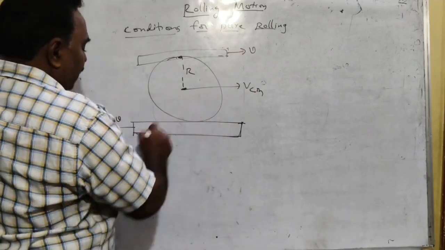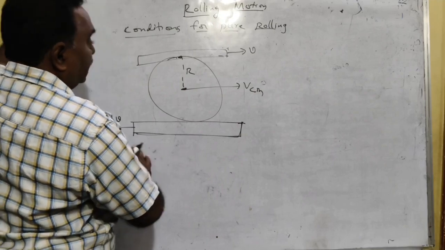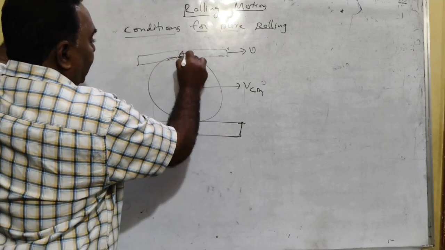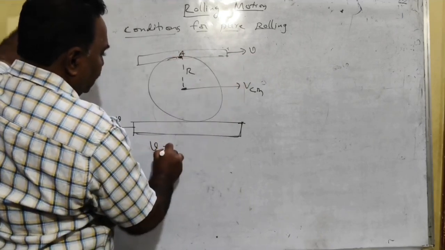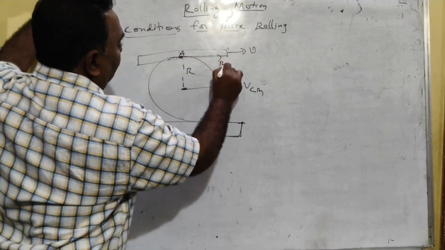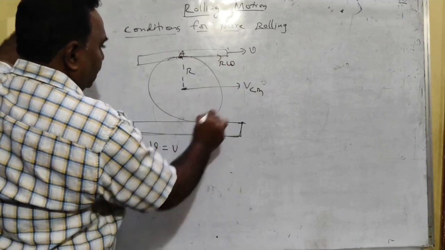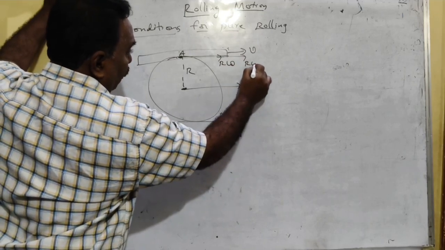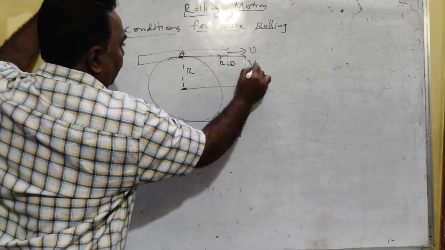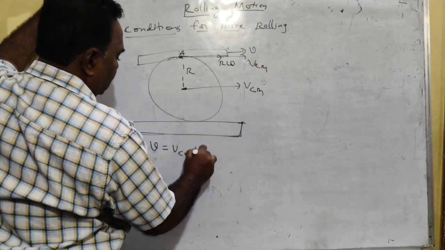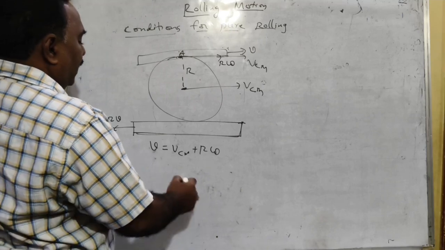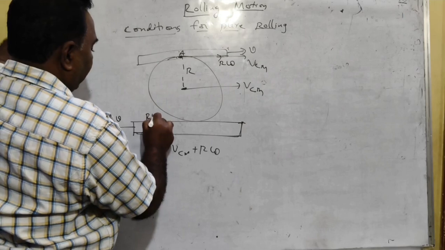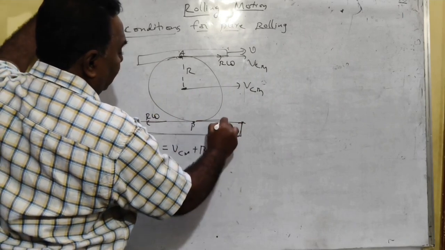According to that, we apply the pure rolling condition as in the previous case. What is the velocity at the top point? V is equal to VCM plus r omega. And in the bottom surface, r omega acts in the backward direction and VCM acts in the forward direction.